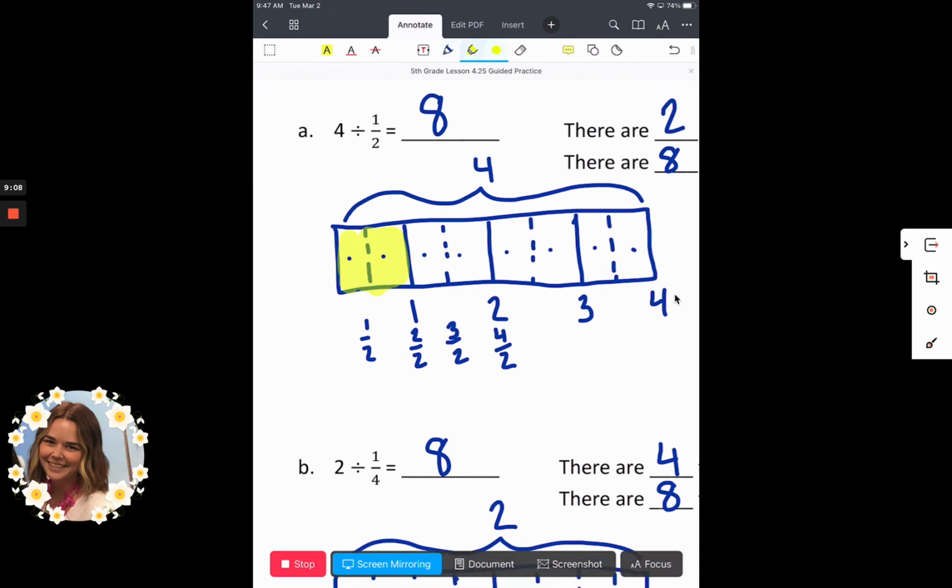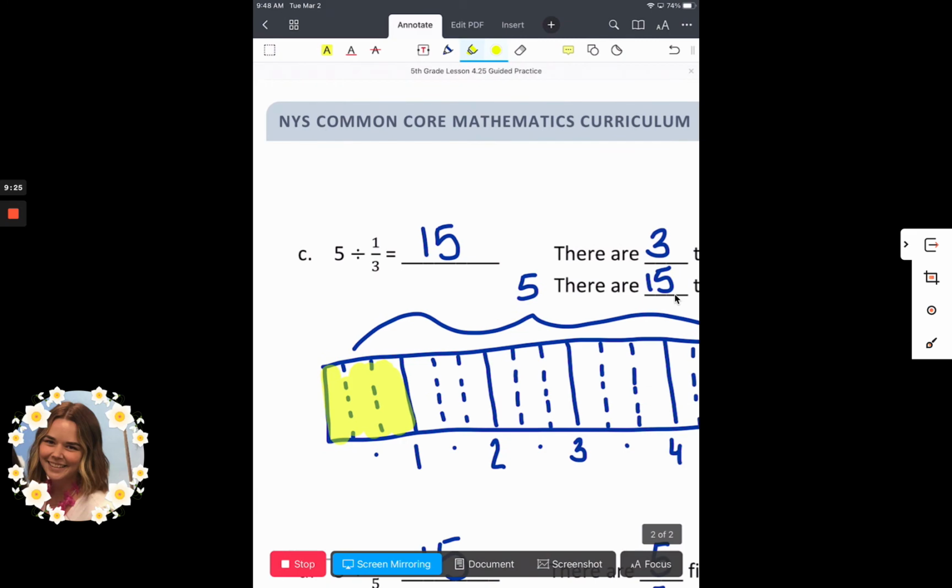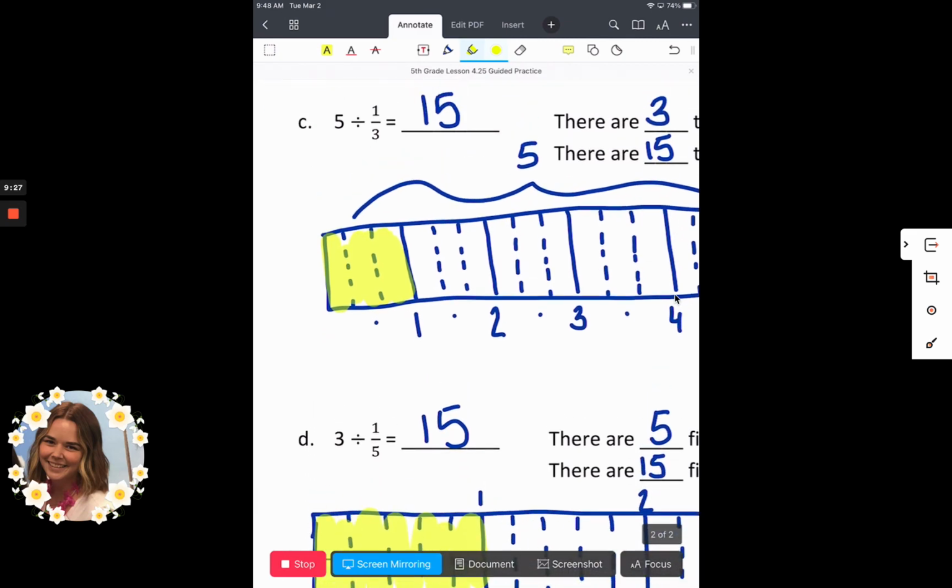Now I'm noticing that our quotient, our answer, is the same as if we multiplied that whole number times the denominator. Let's check with part C and part D. 5 and 3, if we multiply those, we get 15. 3 and 5, we get 15.